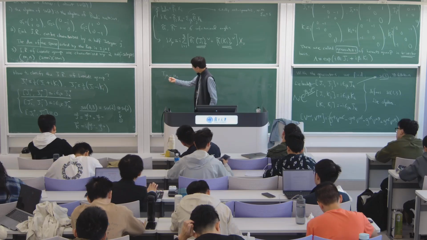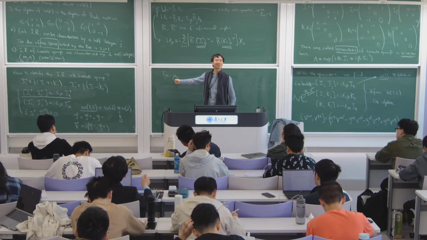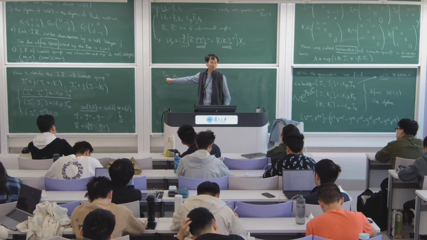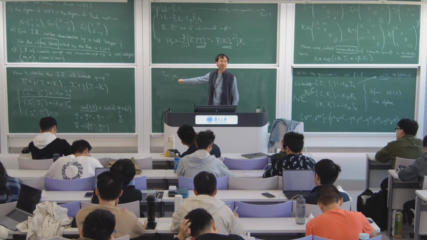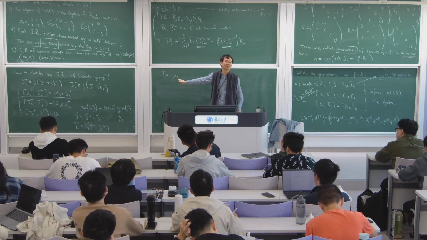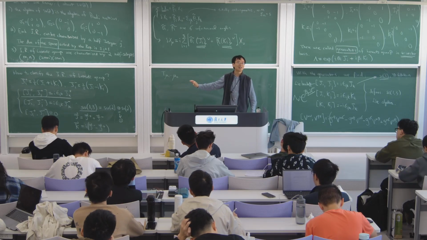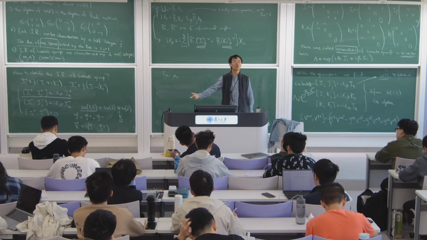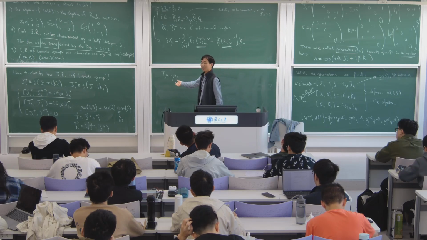Previously, we do know some Lorentz tensors, and a general n-rank tensor can be written this way. For example, T mu nu, A mu. A mu is rank 1, T mu nu is rank 2, and this is rank n.